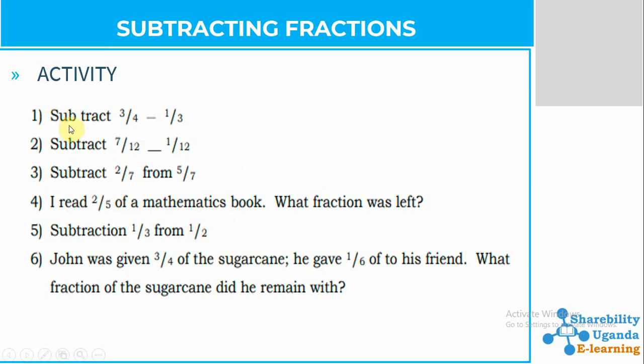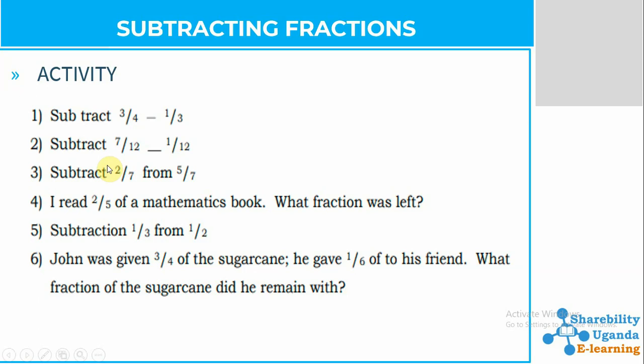As you can look at our number one here, they are telling us to subtract 3 out of 4 minus 1 out of 3. So this is our number one.